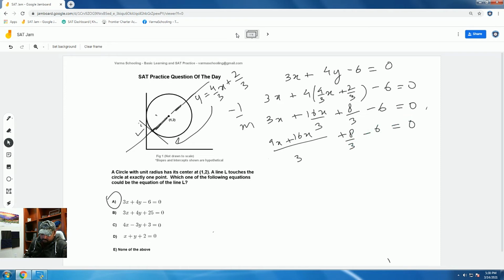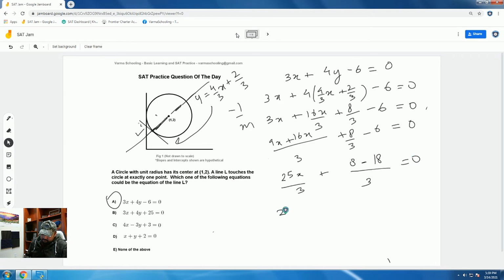So we get 25x over 3 plus 8 by 3 minus 18 equals 0. So that will become 10.